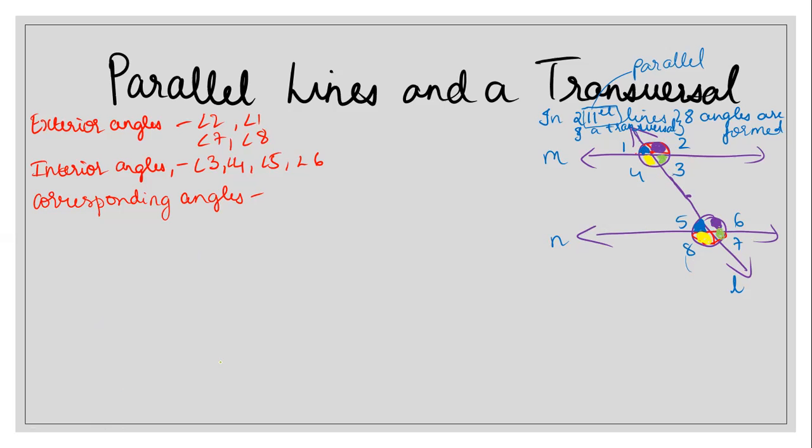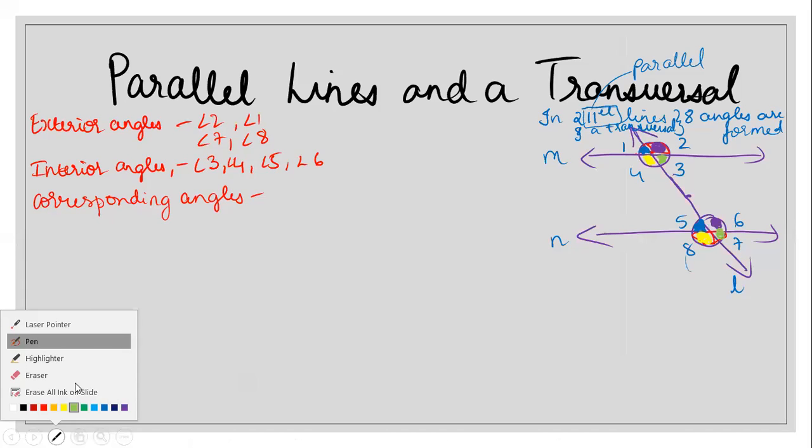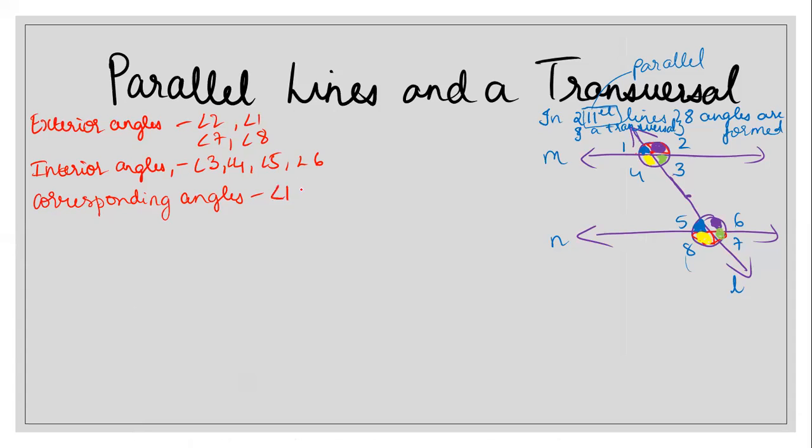Now look here, what am I talking about with angle 5 and angle 1, angle 2 and angle 6? That means angle 1 and angle 5 are one pair. So this is the first pair. The second pair is angle 2 and angle 6.